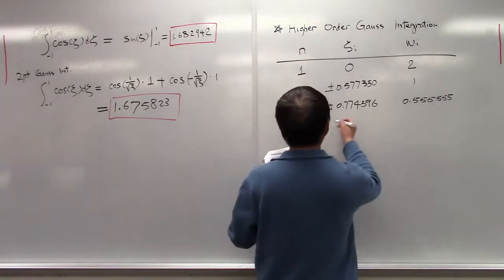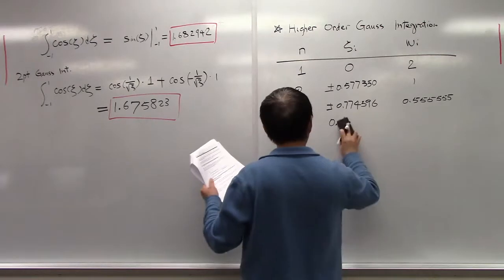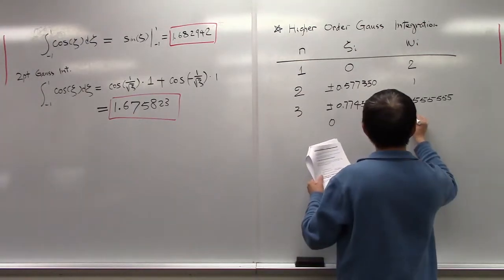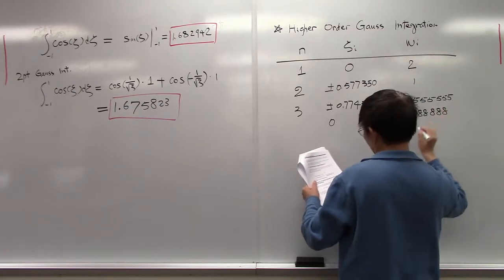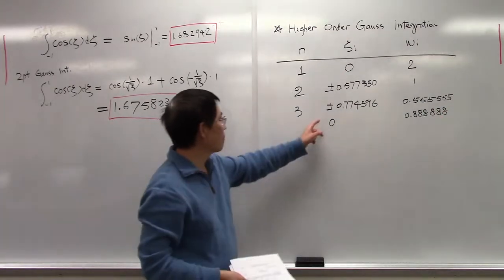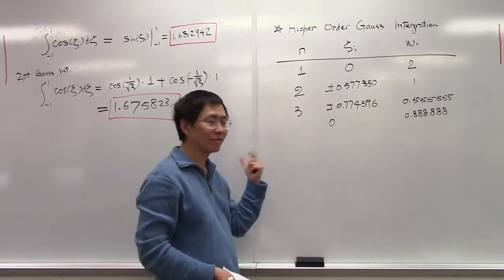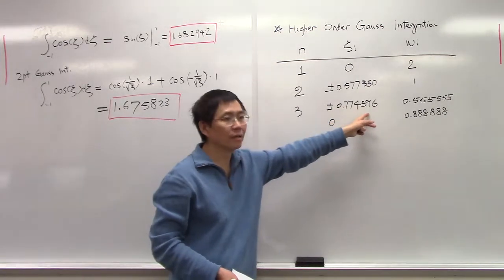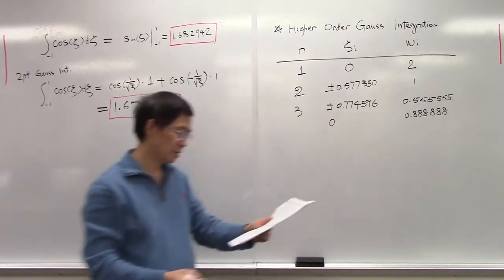And then one more point, which is 0. And the weight is 0.888888. Okay? So you have 3 points. One is at the middle, the other two are symmetric, one on the left side, one on the right side here. And this is the corresponding weight.